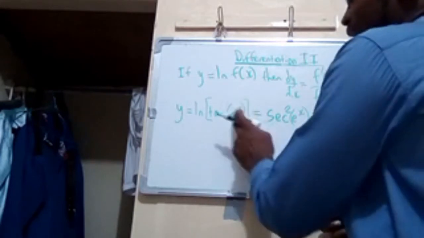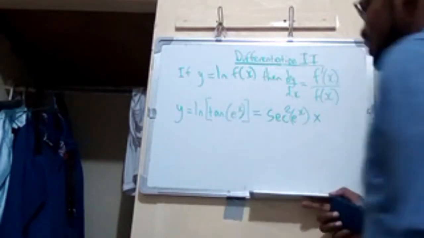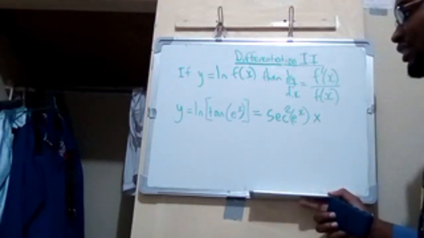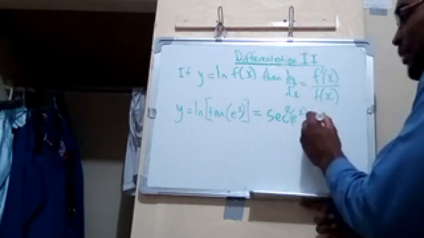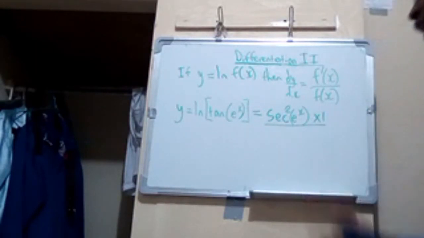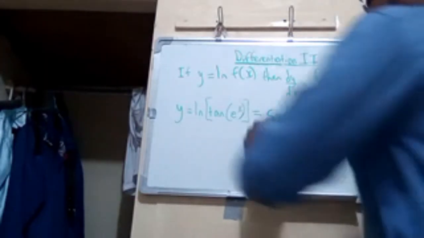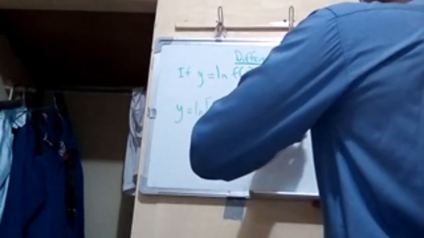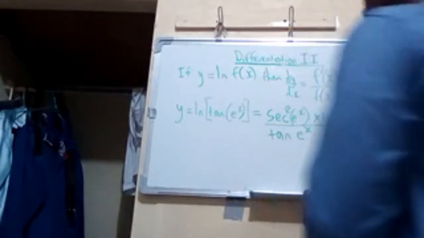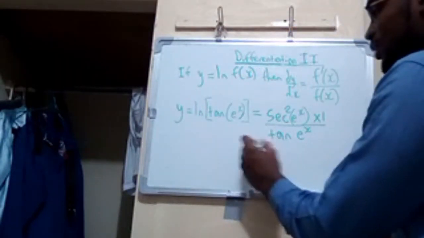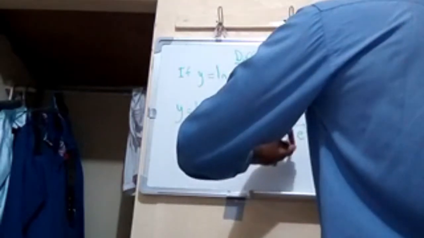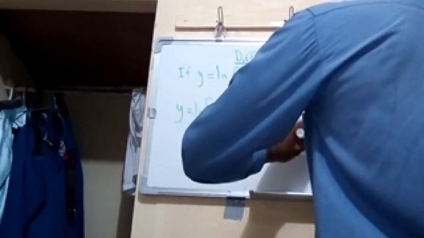Alright? Then now we're going to divide it by tan e to the x. And so the derivative is just e to the x sec squared e to the x over tan e to the x.